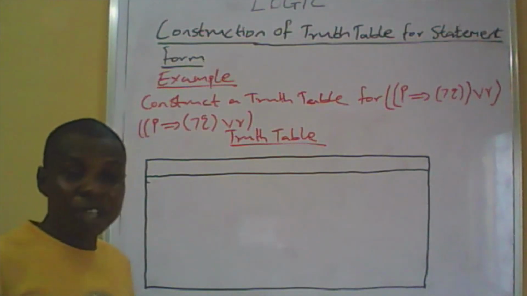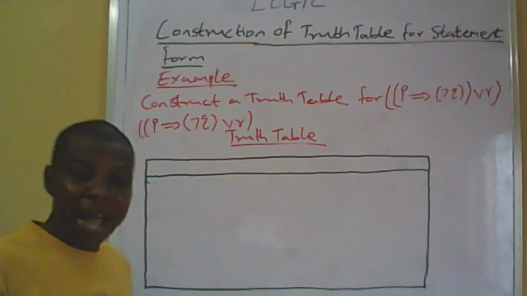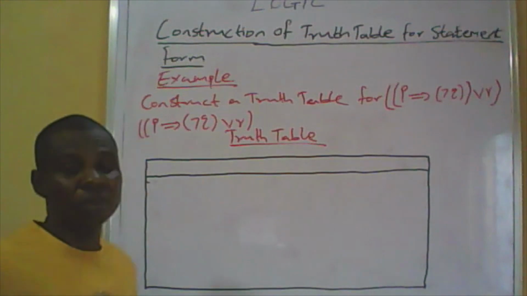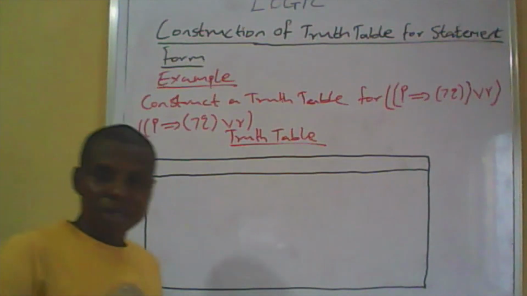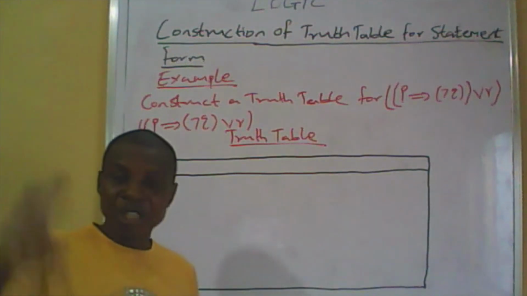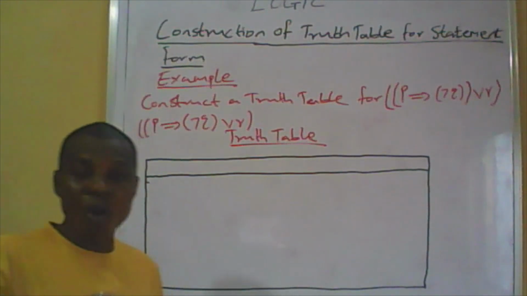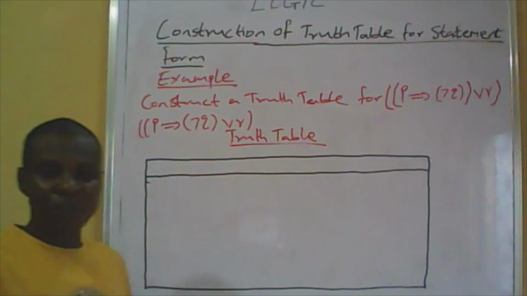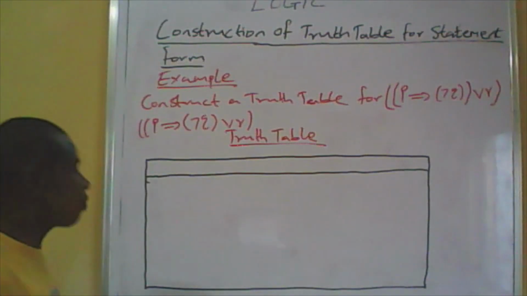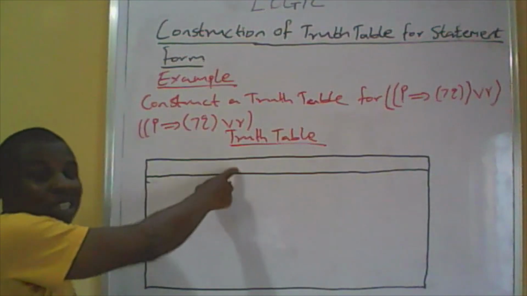That means we have 8 possible ways we can combine the truth values of the simple statements involved in the statement form. So we are going to create 8 rows apart from our first row for the statement.